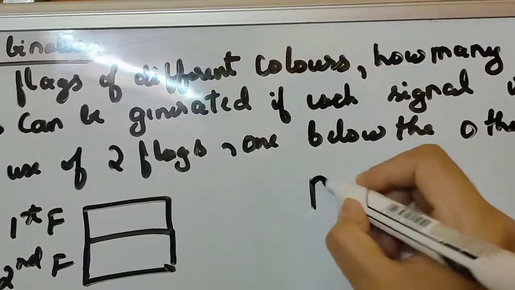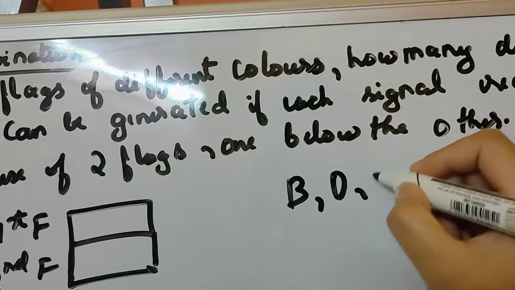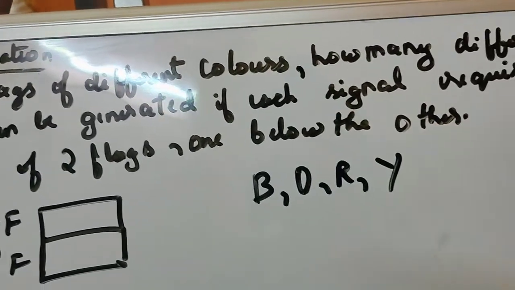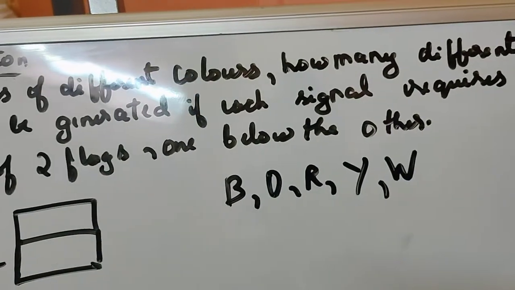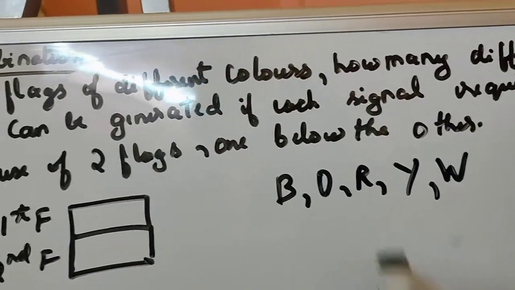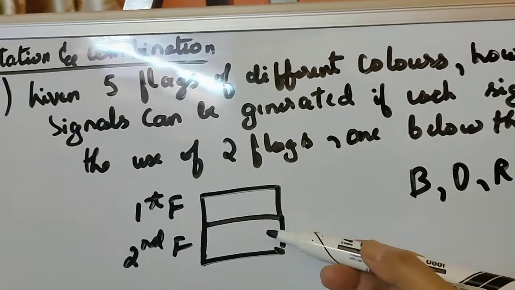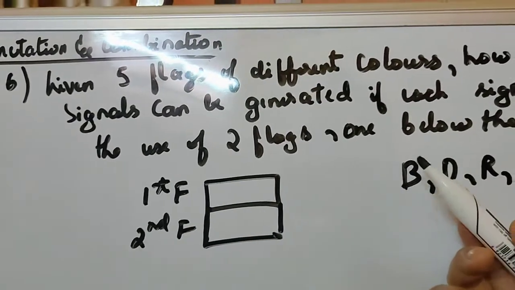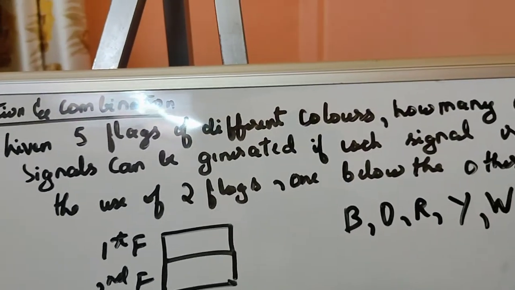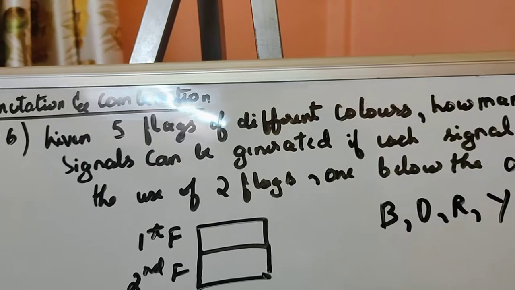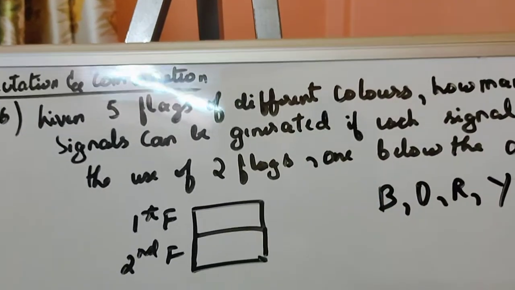Say the colors may be blue, orange, red, yellow, and white. Say I took 5 colors. If in the first flag I use blue, then in the second flag I cannot use blue, because it requires the use of 2 flags, not of the same color but different colors.